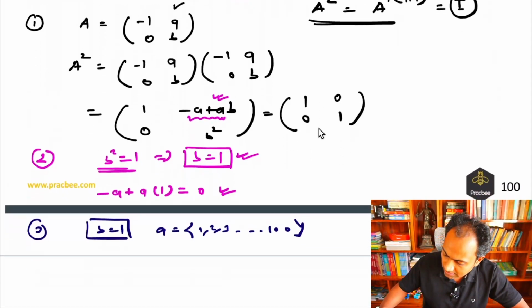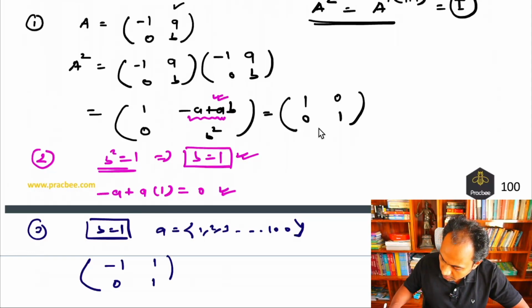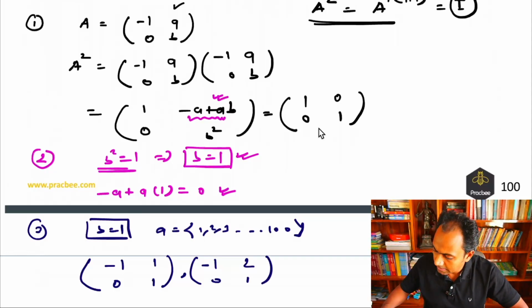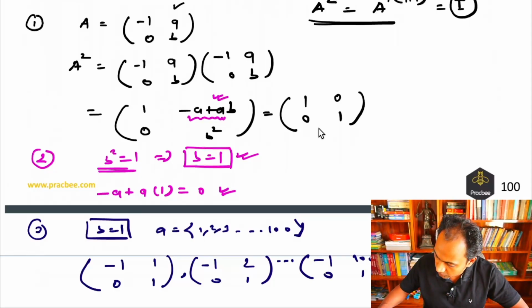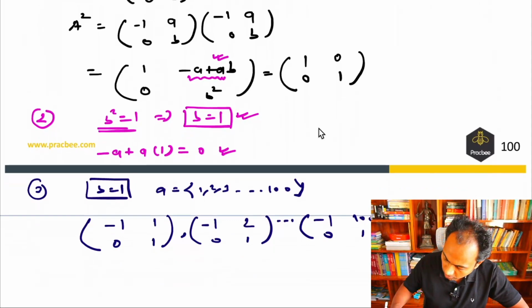So in this set, if I write matrices corresponding to this, one of them would be nothing but 1, 1, 0, 1. Another one would be nothing but 1, 2, 0, 1. So you can see that I can vary the value of only the A part, and this can happen till 100. So the total number of such elements would be nothing but 100.